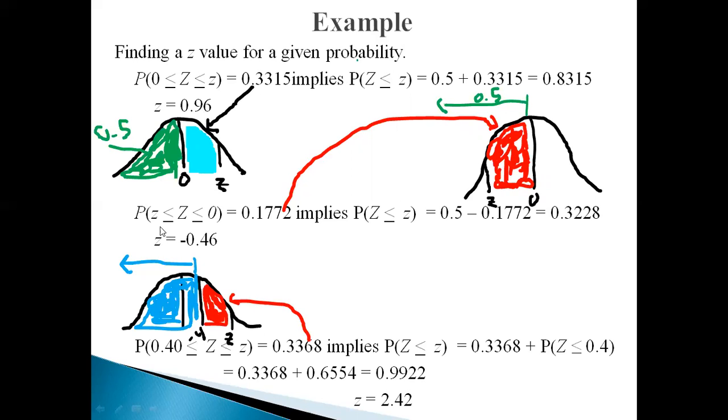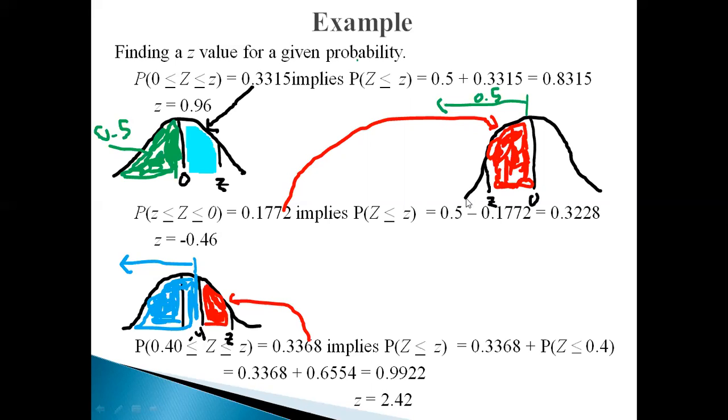Okay. Now what if we have z and then 0, and so we have a z here, z is somewhere on the left, and we know it's going to be negative because if you're going to be between z and 0, it has to be on the negative side. And so we know at 0, that's equal to 0.5, but we know that between those two is 0.1772.